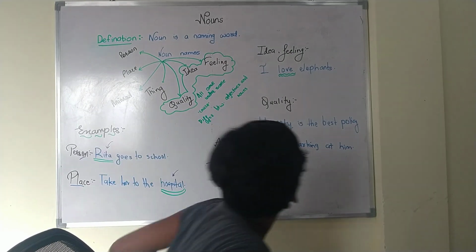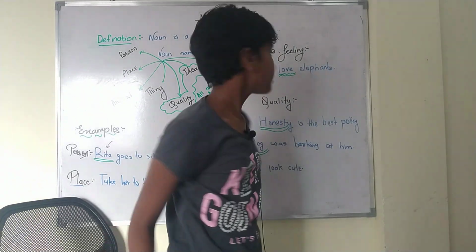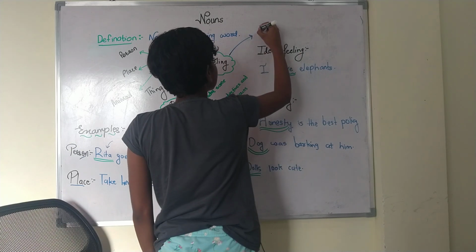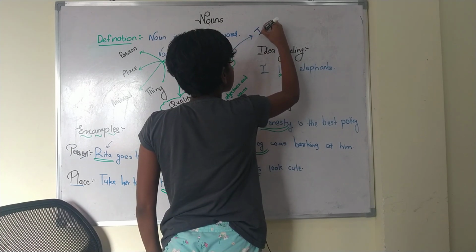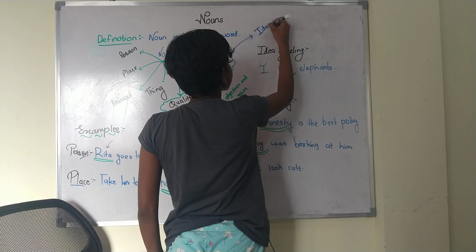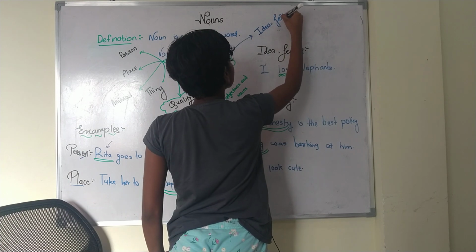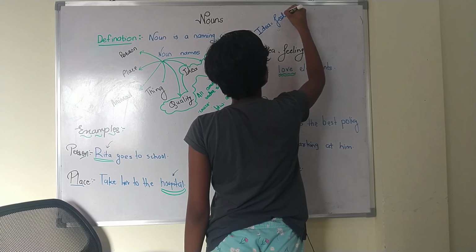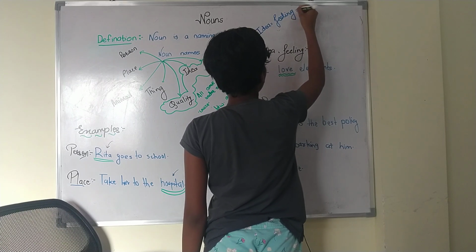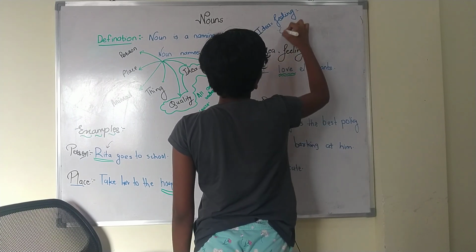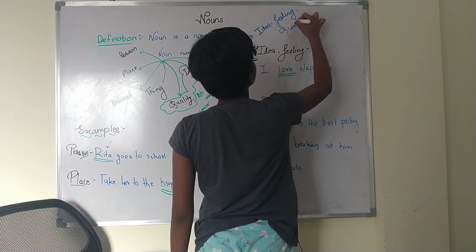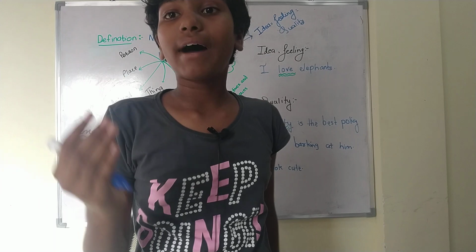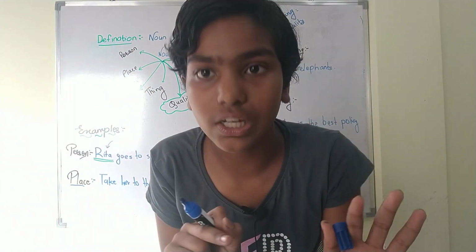Idea or feeling. Now I want you to note this, I'm writing it in a clear way. Idea is equal to feeling is equal to quality. It means if you can differentiate, try to differentiate, but they are kind of similar.